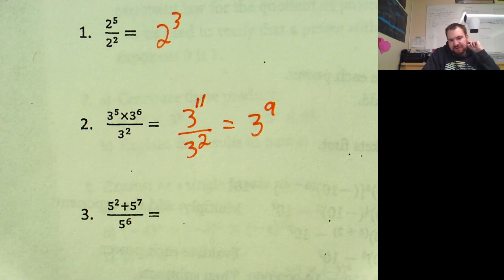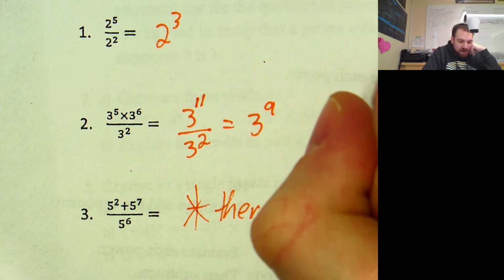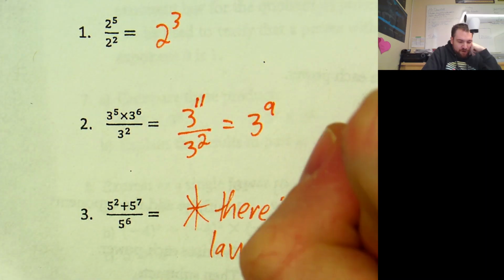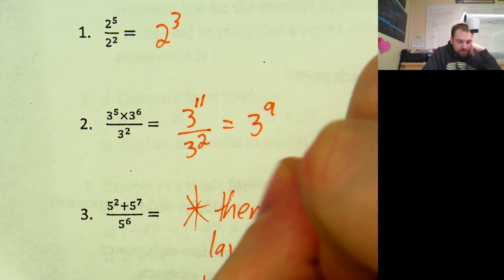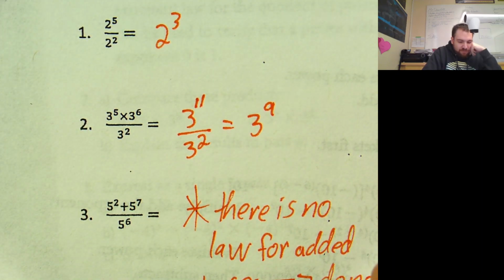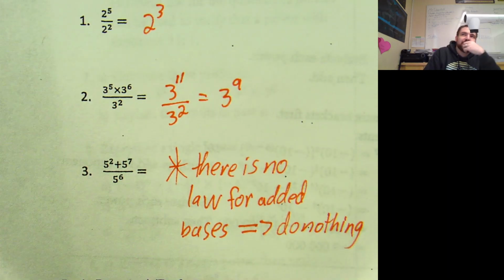Question number 3 is an interesting beast. We do not have a law. There is no law for added bases, which means we do nothing.